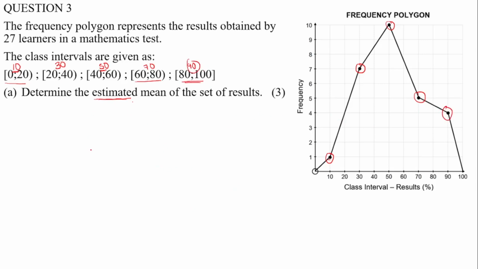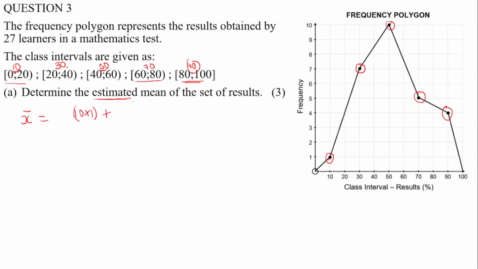So now how then do we find the mean? We're going to use our estimations here. So the mean is equal to, remember the mean, we add the data items, then divide by the number of those data items. So 10%, how many got 10%? 1. So it's going to be 10 times 1.